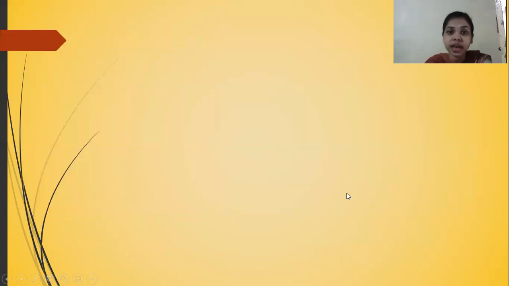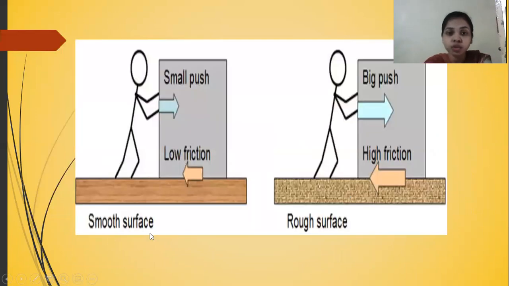Means we can say that if there is a smooth surface, then the friction is low, but if there is a rough surface, then the friction is high. And if there is a smooth surface, then you require a less push or a small push, and the friction is low.